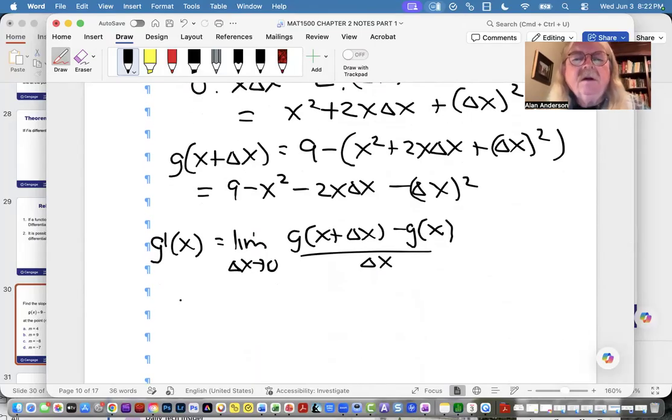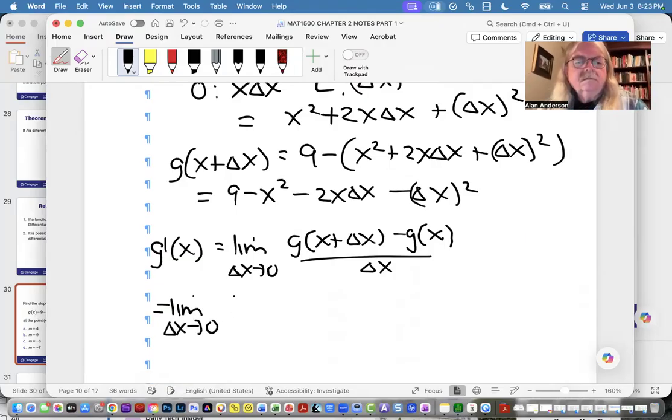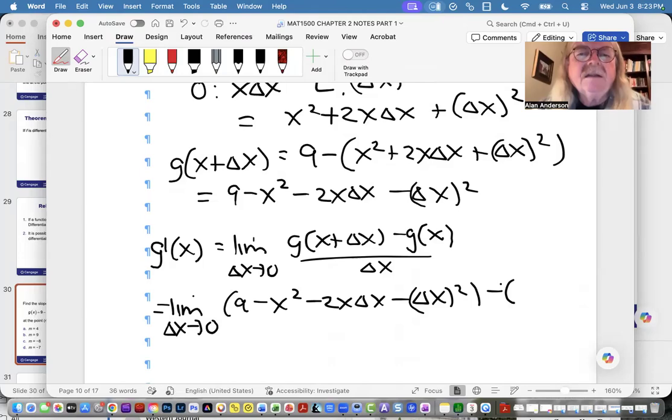Okay, so we know g of x plus delta x is this. G of x was 9 minus x squared.